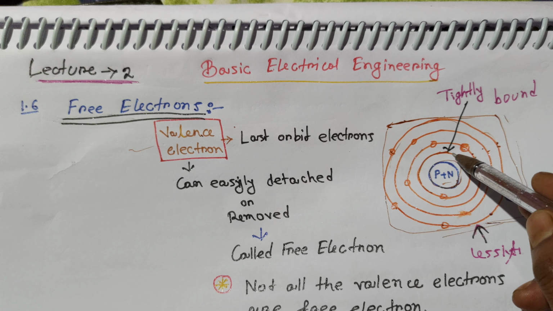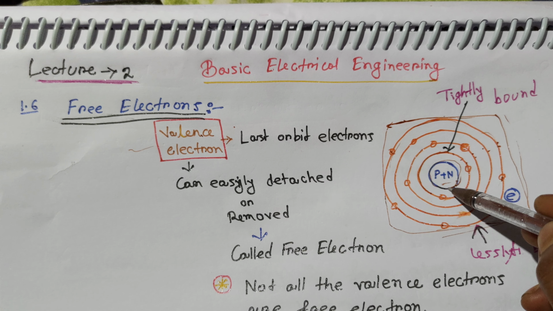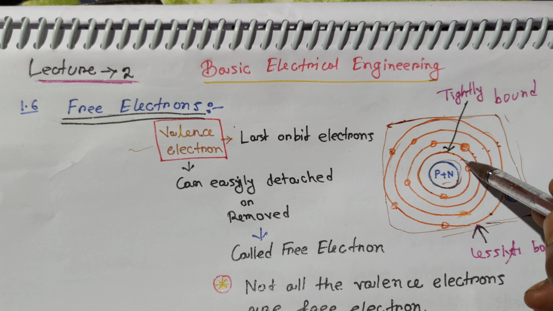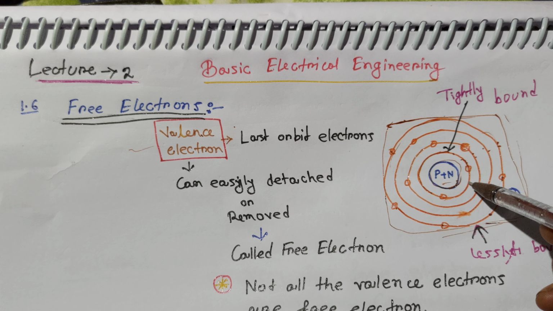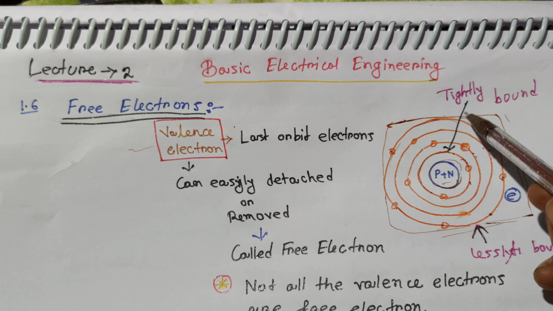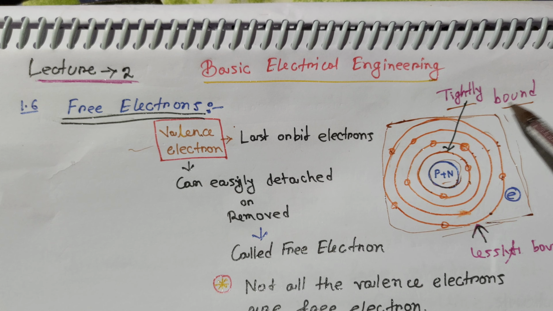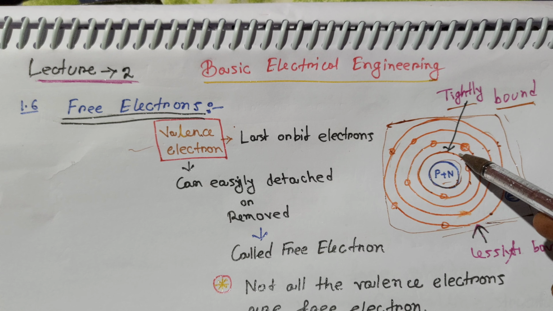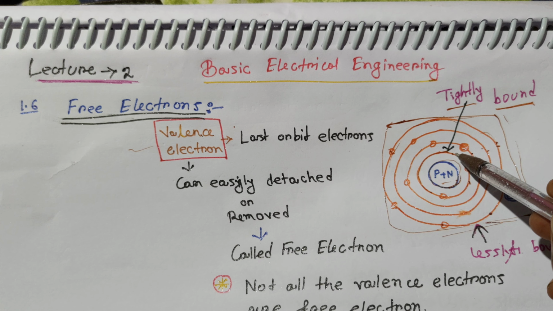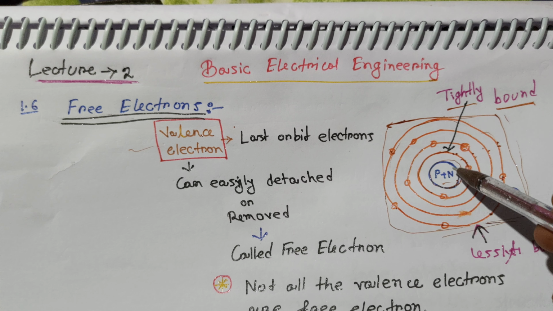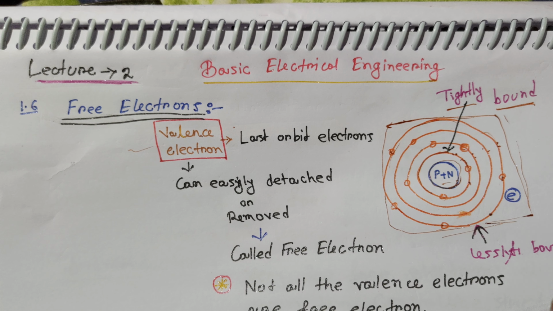The electrons present in the nearest orbit of the nucleus are tightly bound, or attached.